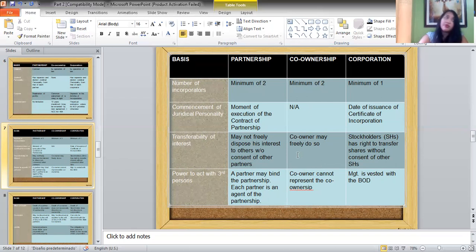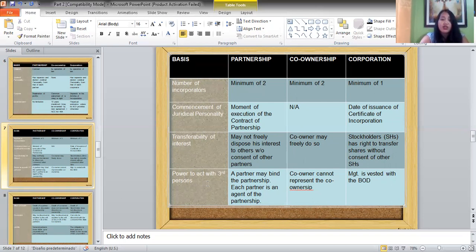Pwede niyang, halimbawa, yung sa example natin na 3 yung mga anak na nagmana ng house and lot, yung portion ng isa, pwede niyang ipamana din sa kung sino niyang gusto, sa anak niya. Yan, so may freedom siya to do so. So, corporation, stockholders has the right to transfer shares without the consent of other shareholders. Pwedeng i-transfer ng mga stockholders yung shares nila kahit na hindi na pinapaalam sa iba pang shareholders.